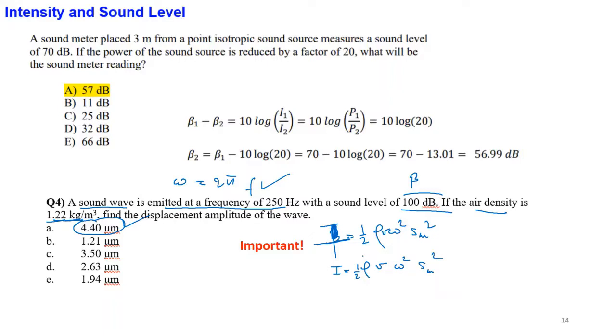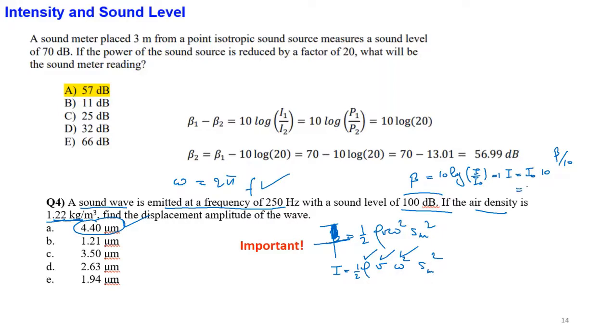So I know rho, I know V, I know omega. I want SM square if I know I. Well, how do I get I? Well, you know that beta is 10 log of I divided by I naught. So that means I, the intensity, is I naught 10 to the power beta divided by 10.